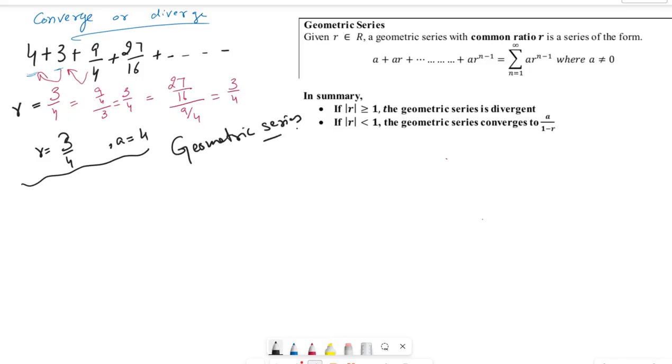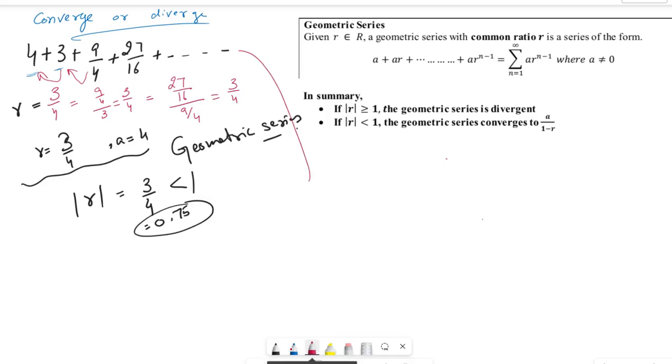Now we need to check if it diverges or converges. We need to check the absolute value of R. The absolute value of R here is 3 by 4, which is less than 1 clearly. 3 by 4 is like 0.75, which is less than 1. If it is less than 1, we are going to say the given series converges.